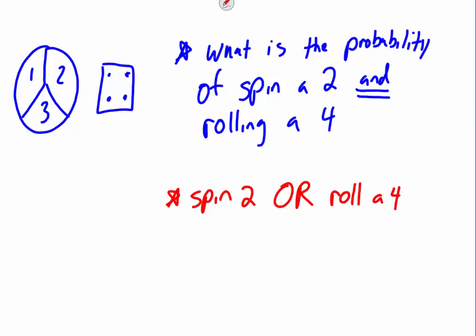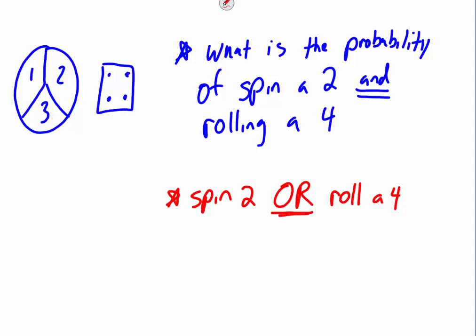Okay, and this is a big difference. The top one is saying that both events have to happen together. That's kind of like saying, what's the probability of getting hit by lightning and having it on your birthday? So it's going to make the probability even smaller because both events have to happen at the same time.